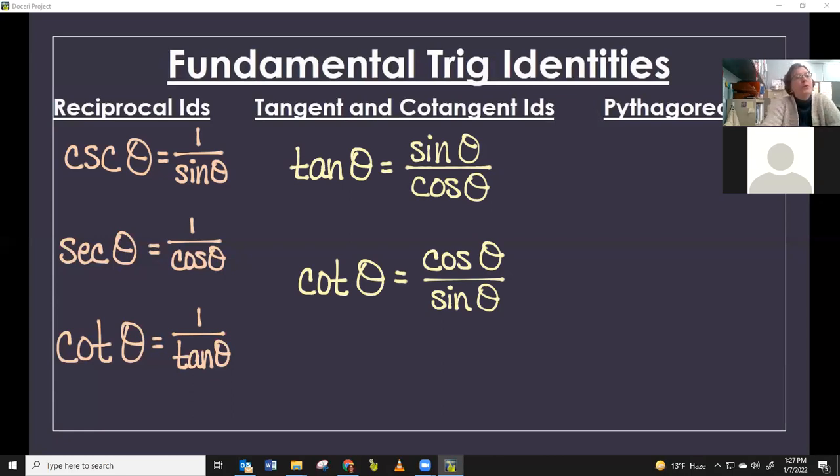We are going to prove the tangent theta equals sine theta over cosine theta identity. This one right here gets used a ton. And the first one of the Pythagorean identities also gets used an absolute excessive amount.